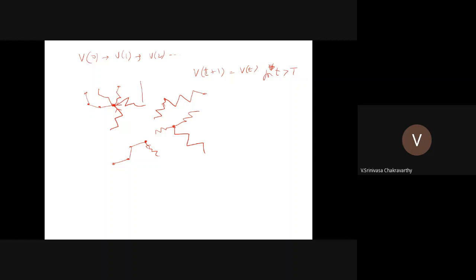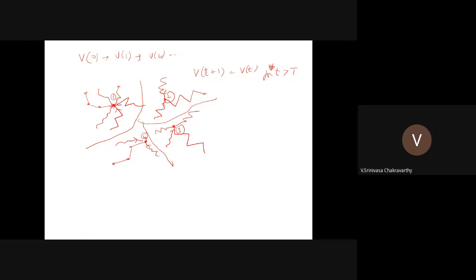If I start from anywhere in this part of the state space, the network will go to this state, which I'll call state number 1. If I start from anywhere in this part, the network will go to state number 2. Somewhere in this part, it will go to state number 3, and somewhere in this part, it will go to state number 4. So let us think of an imaginary network where no matter where you start from, you'll go to one of these 4 states.